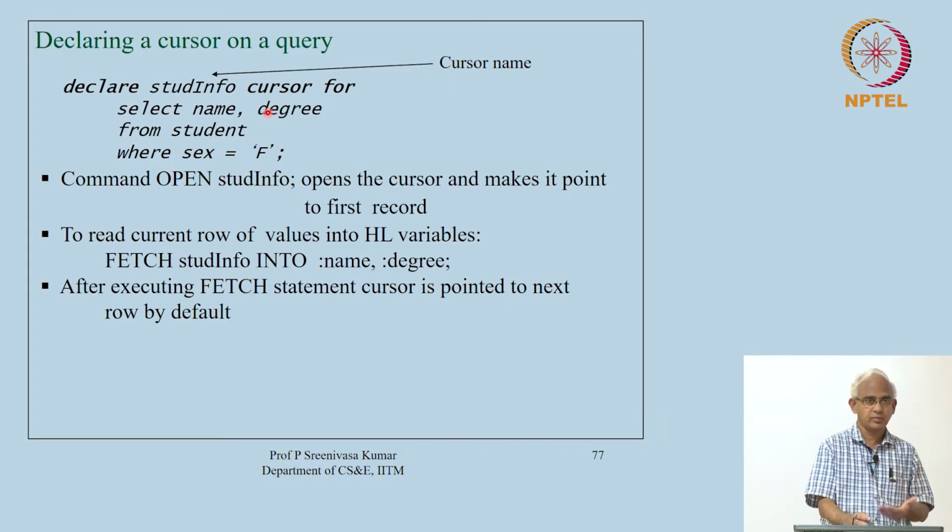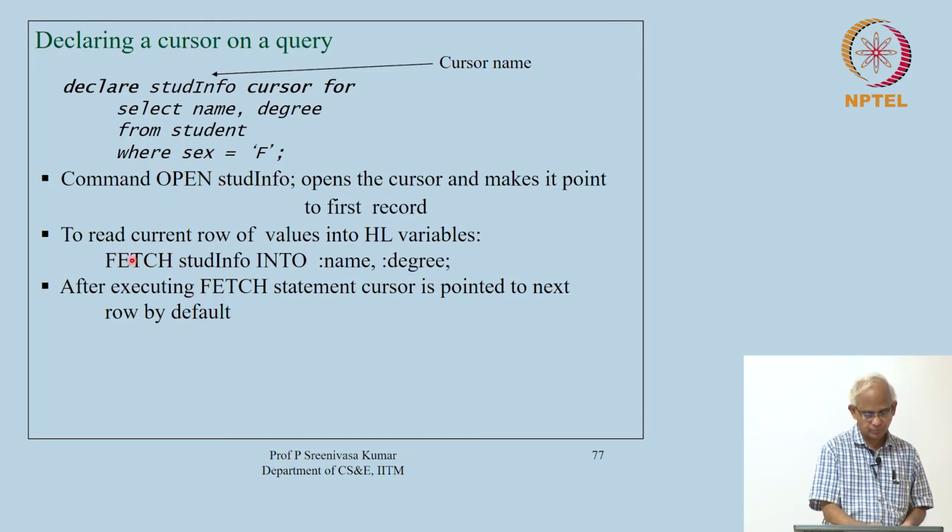The precompiler will take these things and appropriately create library function calls to handle this kind of situation. It will create some temporary storage and things like that, and get ready to handle various commands related to cursors.